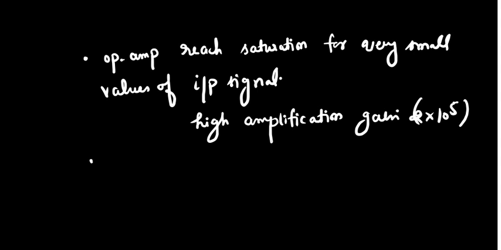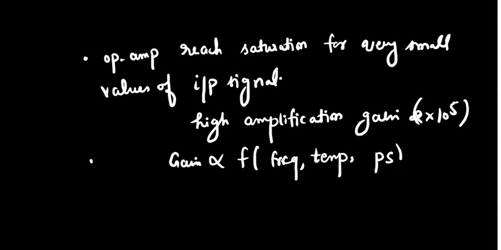And you will see that this gain is also a function of frequency, temperature, and power supply. Regarding frequency, we have discussed a few points, right? Gain bandwidth product. We discussed in the last class that the gain bandwidth product is constant, right?